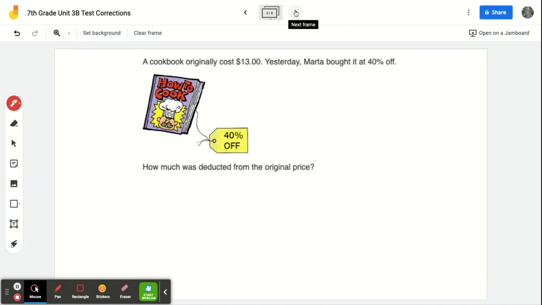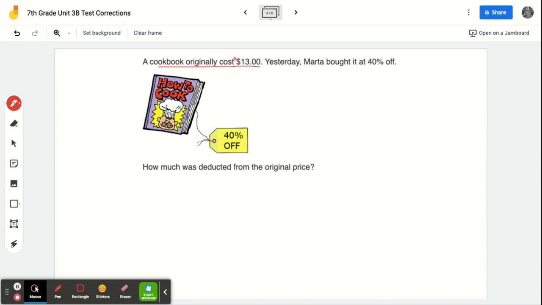All right, last question. A cookbook originally costing $13. Yesterday, Marta bought it with 40% off. And the question is, how much is deducted from the original price? I have a feeling that a lot of people probably missed this question because they didn't really look at the question overall. So it says the original cost is 13. So this is your 100%.